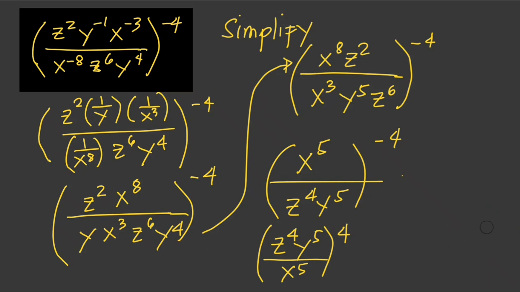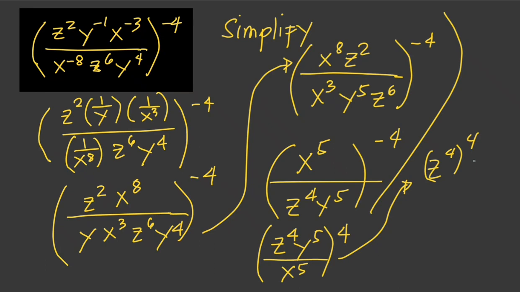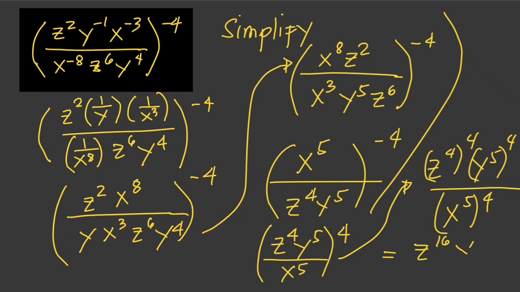We can write this as z to the 4th to the 4th, y to the 5th to the 4th, over x to the 5th to the 4th. So our final answer would be z to the 4 times 4, which is 16, and then y to the 20, over x to the 20. So this is our final answer.